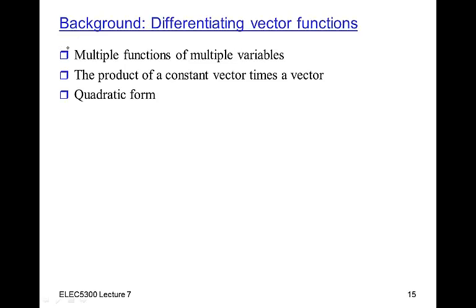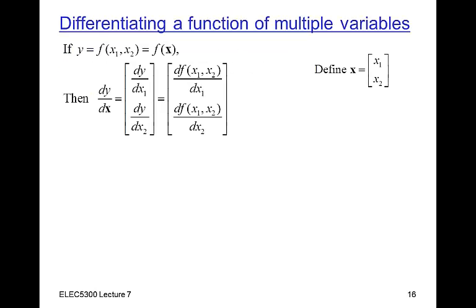So let's just go through the ideas behind this, and I'll talk mainly about the kinds of vector functions that we'll see in this class, mainly linear functions and quadratic functions. So let's think about what a function of multiple variables is.